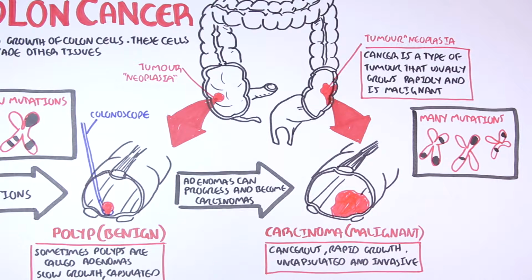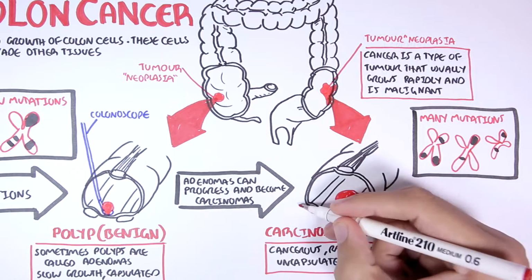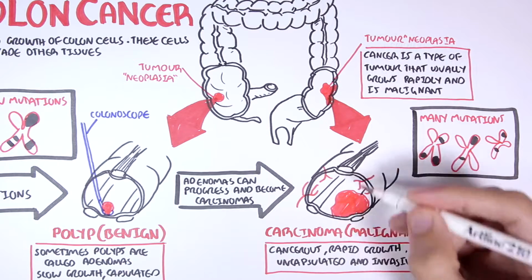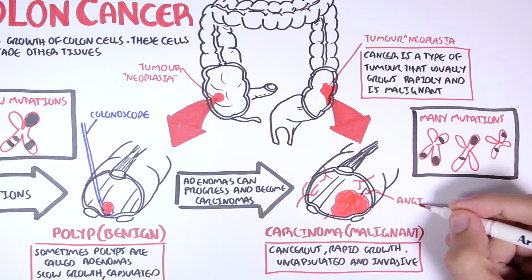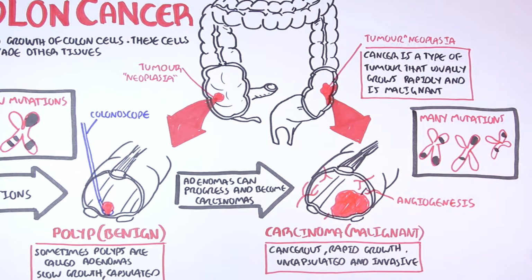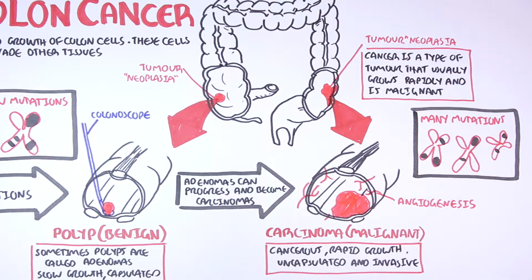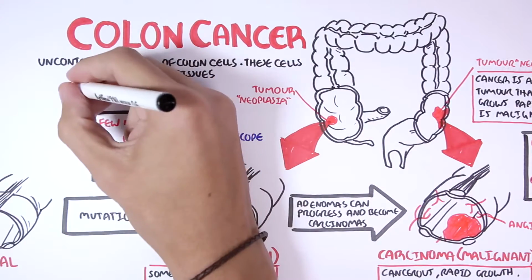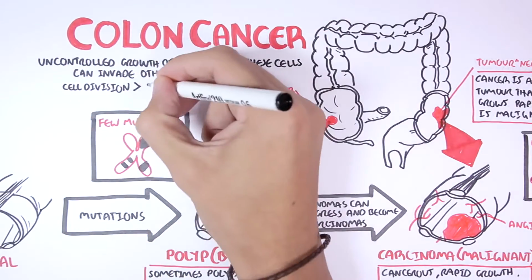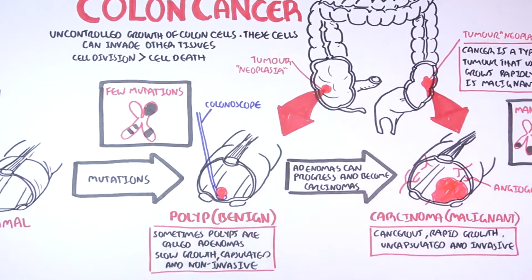Carcinomas and big tumors also usually have a lot of blood supply, as these abnormal growing cells require many nutrients. Therefore, in and around tumors, a process called angiogenesis occurs, which is the formation and maturation of blood vessels. A good way to understand what is happening in tumors and cancer is that there are more cells dividing than there are cells dying.